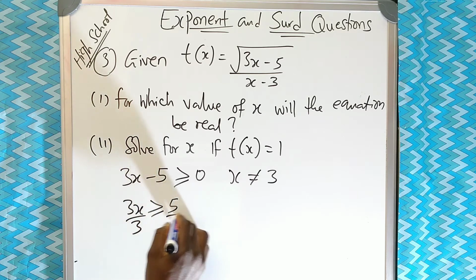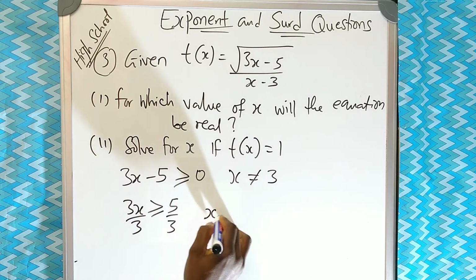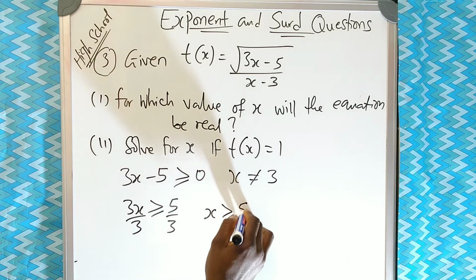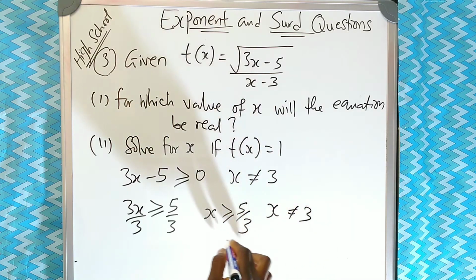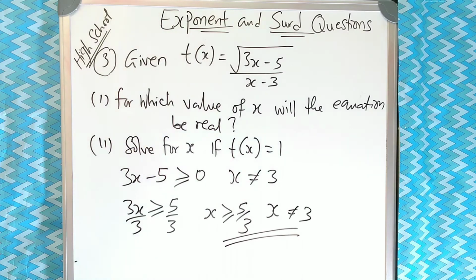Divide both sides by 3, then x is greater than or equal to 5 over 3, provided x is not equal to 3. So this is solved. These are the conditions by which this equation will be real.